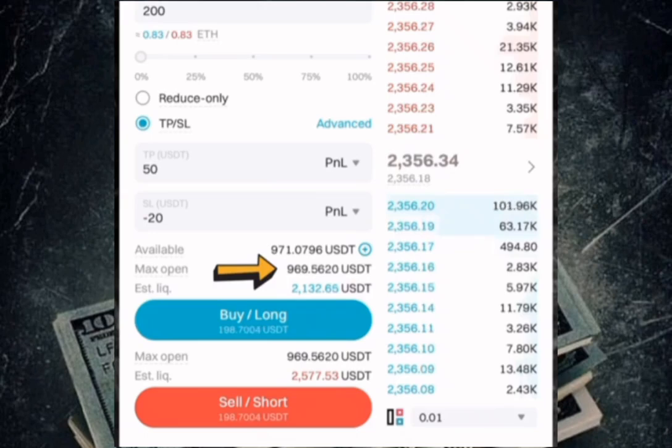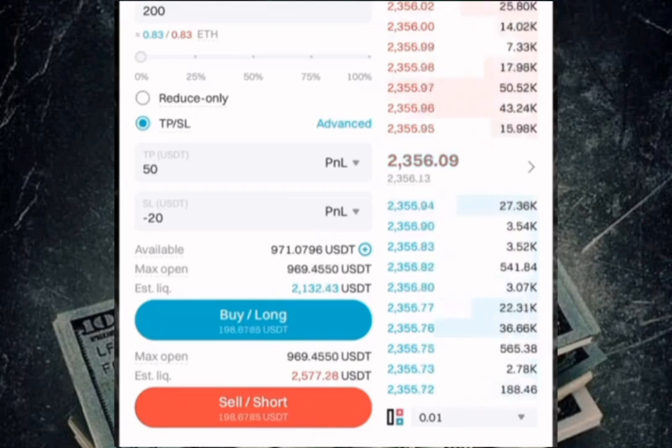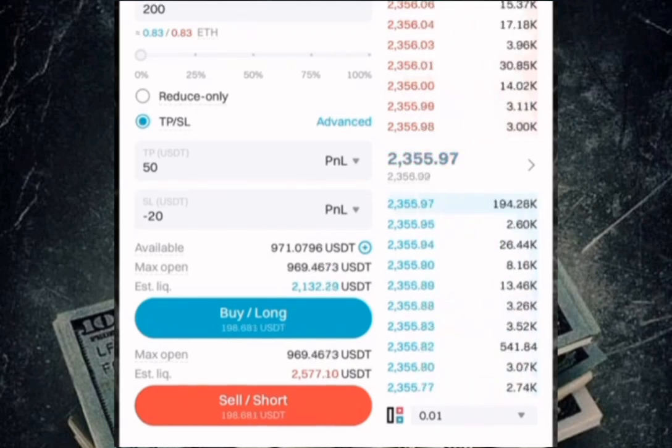So the maximum amount that I can use to enter a trade right now is $969. Don't forget, for this trade, I'm using just $200, so I'm still okay. But you can't use more than $969. And that's because of the amount I have in my wallet. If you have more money, you will have more money to enter the trade. I hope you understand. So I have $971 available in my wallet, and the maximum amount of money I can use to enter the trade is $969.